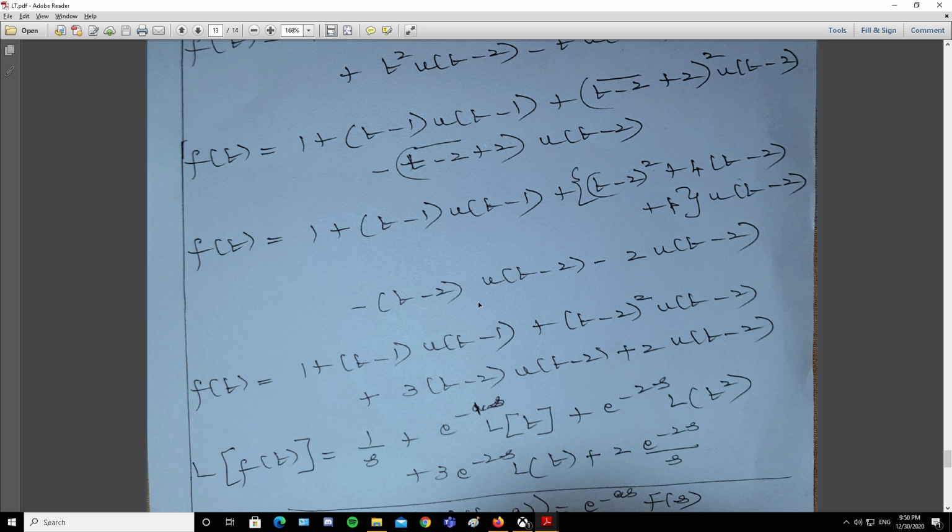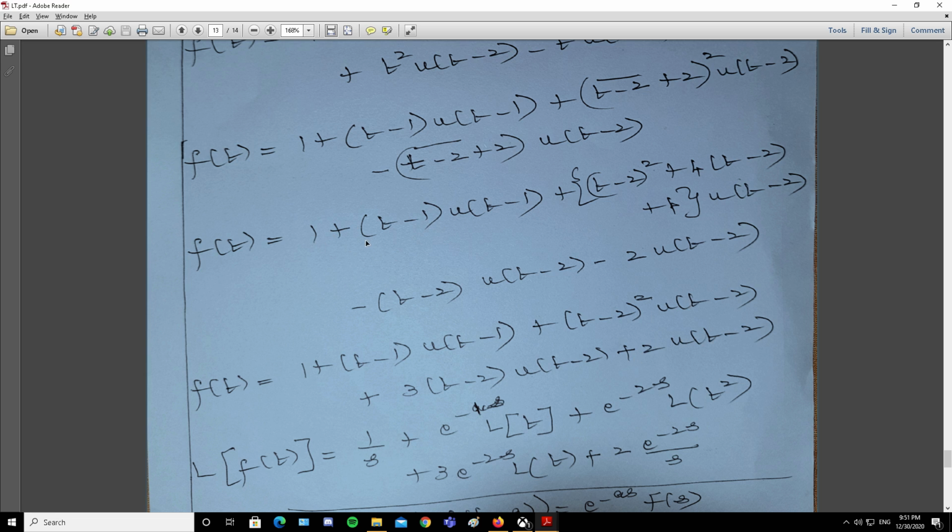So if you simplify, 1 plus (t minus 1) u(t minus 1) plus (t minus 2) whole square u(t minus 2). Then 4 minus 1 is 3. So 3 times (t minus 2) u(t minus 2). And here you have plus 4 minus 2, so plus 2 times u(t minus 2).